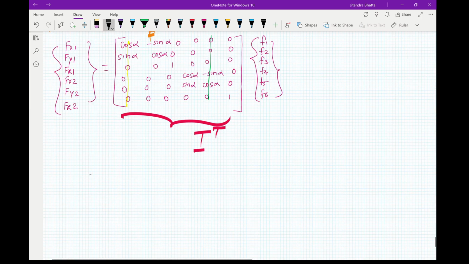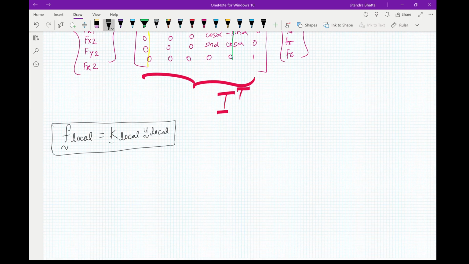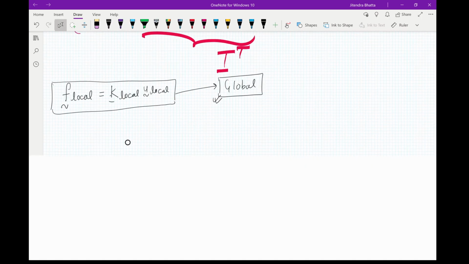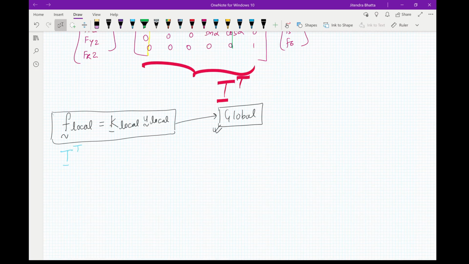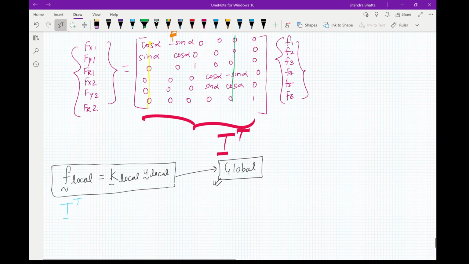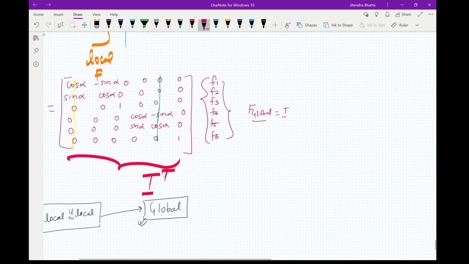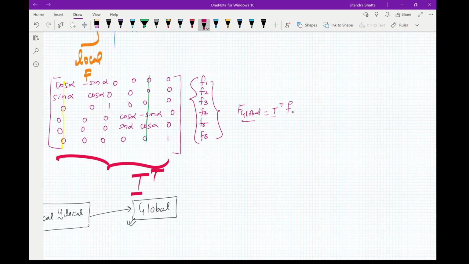Our local equilibrium equation will be, now we have to transform this into global. To do this, let's multiply both sides of this equation by the transpose of the transformation matrix, or T matrix, because if you look here, you'll see that F global will be equal to T transpose times F local.